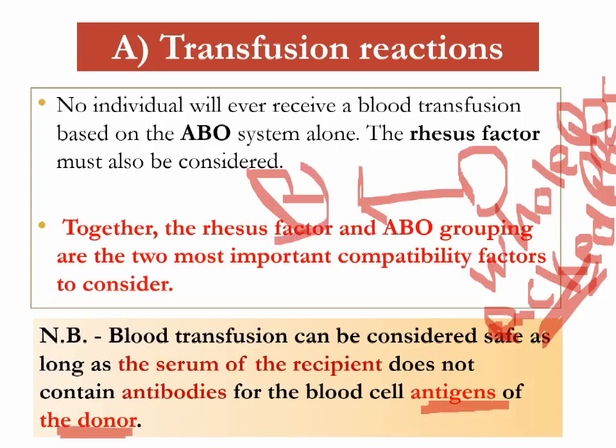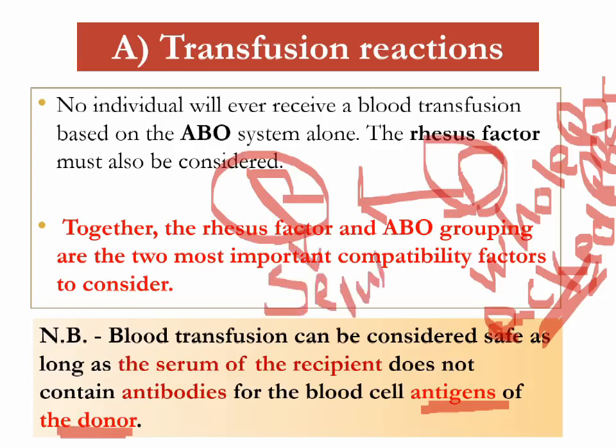And for the recipient, you're going to look at the serum of the recipient. So in order to determine whether there is compatibility or not, you're going to look for the antigens of the donor, the antigens transferred or transfused, because you are transfusing packed RBCs, and for the recipient you're going to look for the serum.